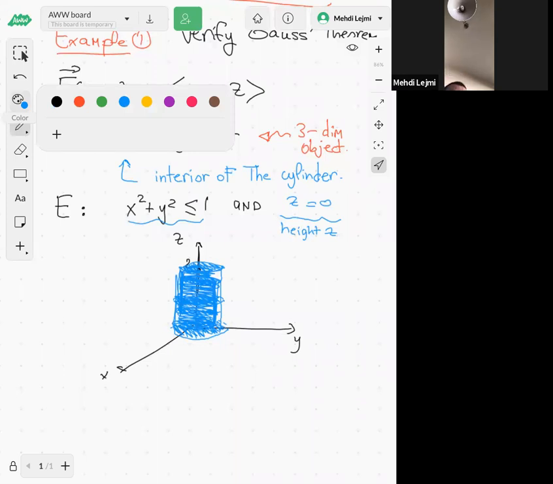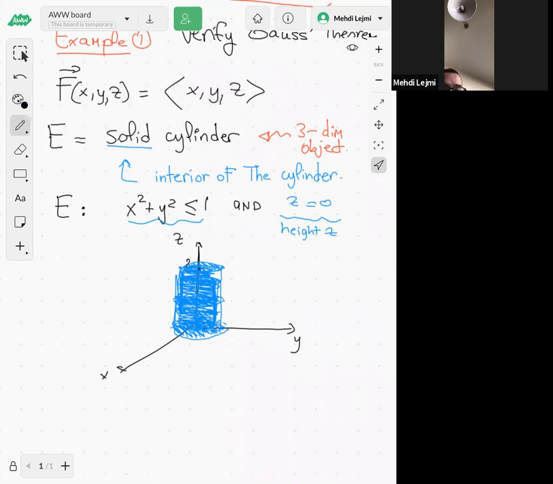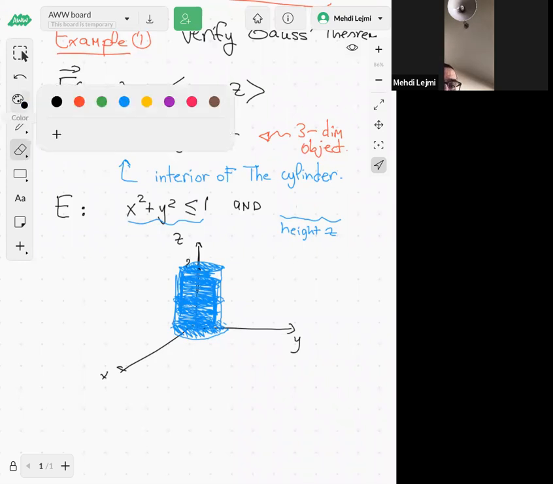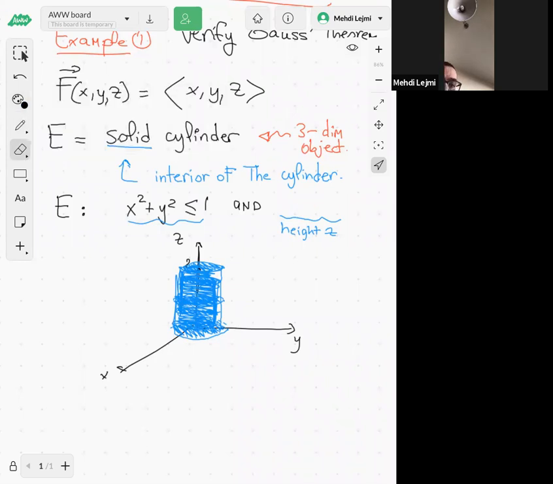So you need to take the union of all the disks between 0 and 2. That will be the interior of your cylinder. My height z is actually between 0 and 2. So you need both of these equations to describe the interior of the cylinder between 0 and 2.